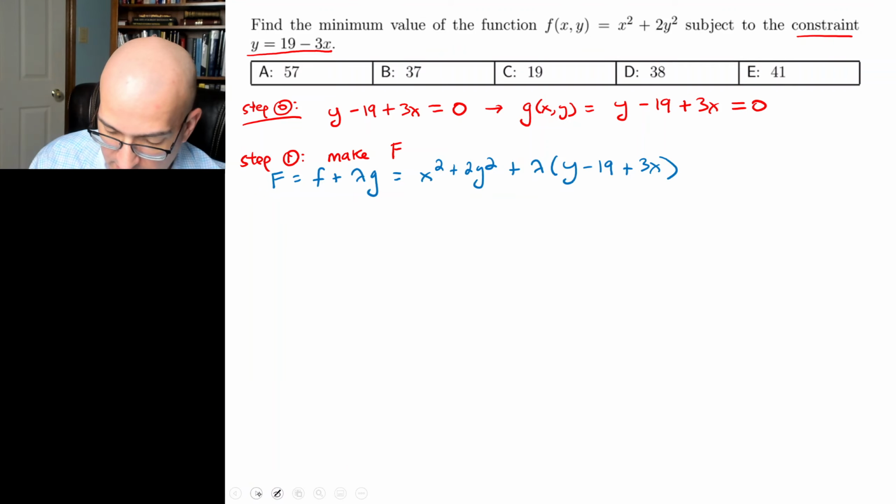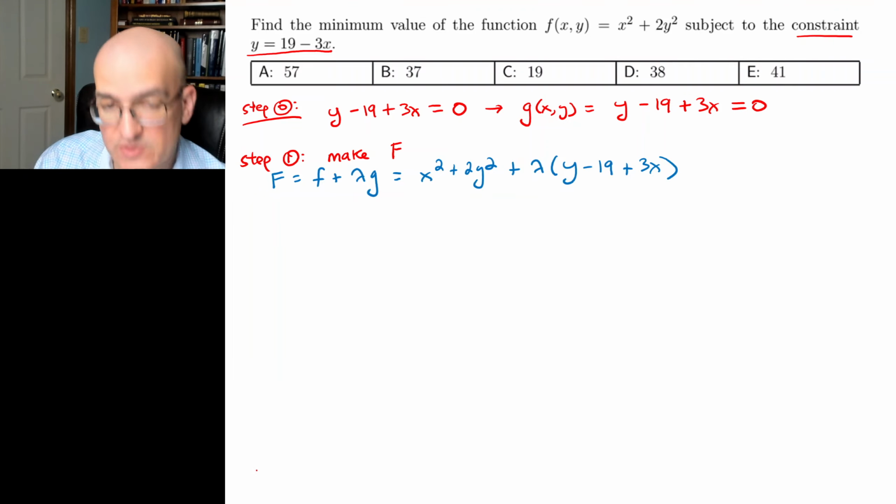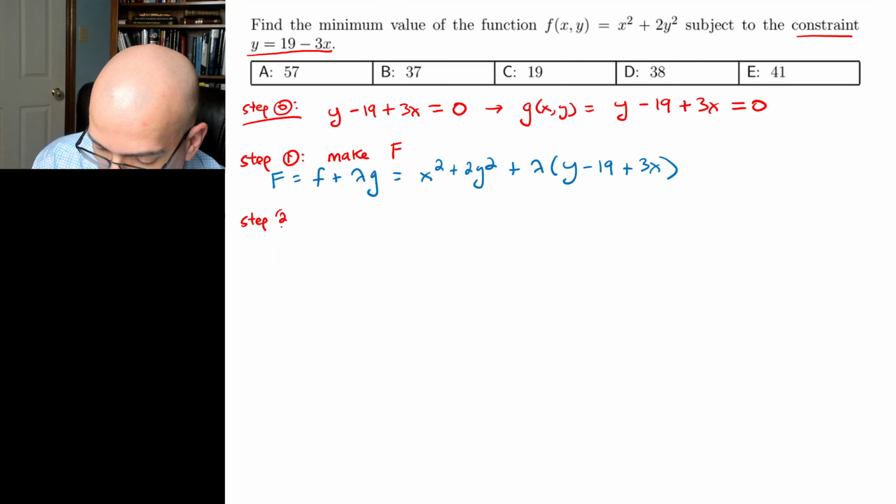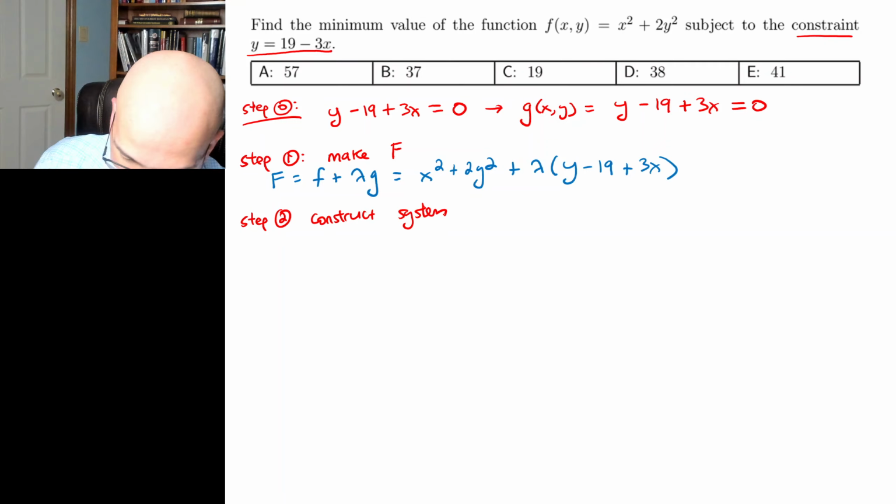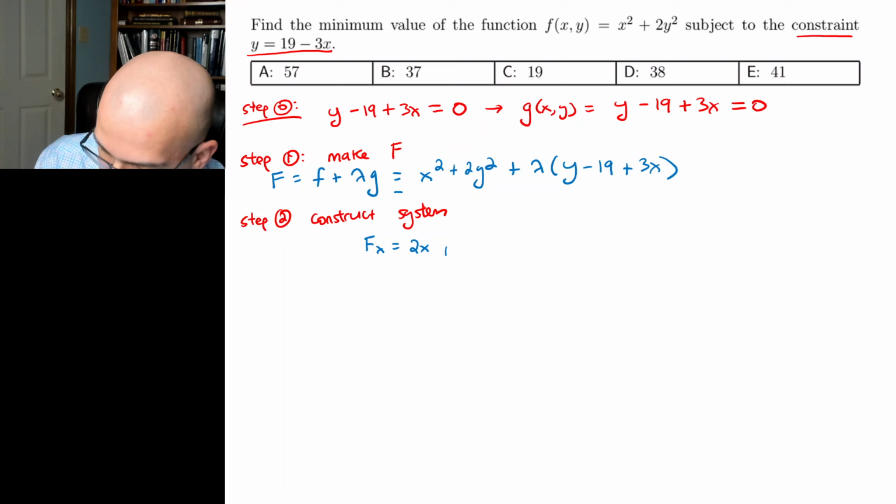Okay, now we're going to do step 2, construct the system. So we're going to take all the partial derivatives and set them equal to 0. F sub x is 2x. Oh, I should simplify. Multiply lambda through the bracket and make it easier to take the x derivative of it.